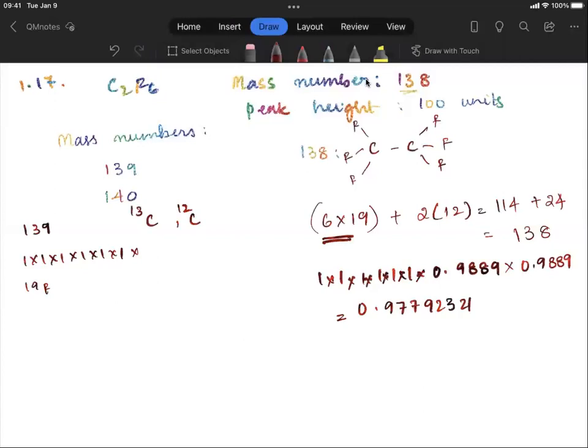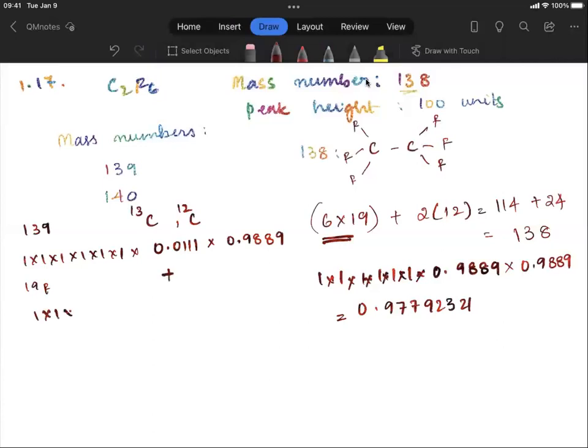So let's assume the first carbon has a mass of 13 units. Now the probability of that happening is 1.11% or 0.0111. And the second carbon has a mass of 12 units and the probability is 0.9889, right? So this is one scenario.